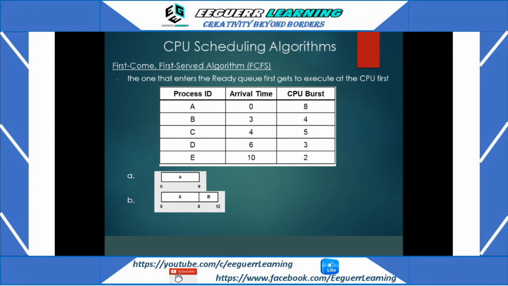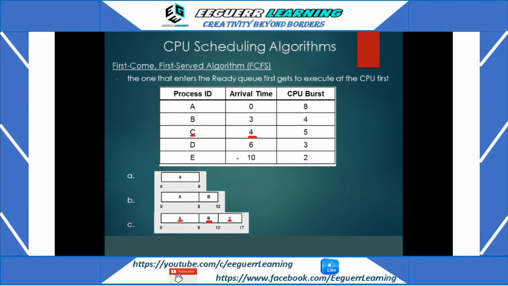Next, we have the arrival of process C at 4 milliseconds. We are done putting the schedule of process A and B, and C will now be accommodated here.